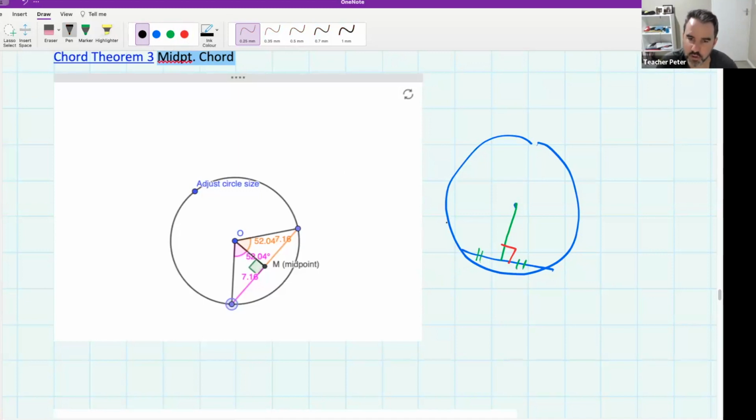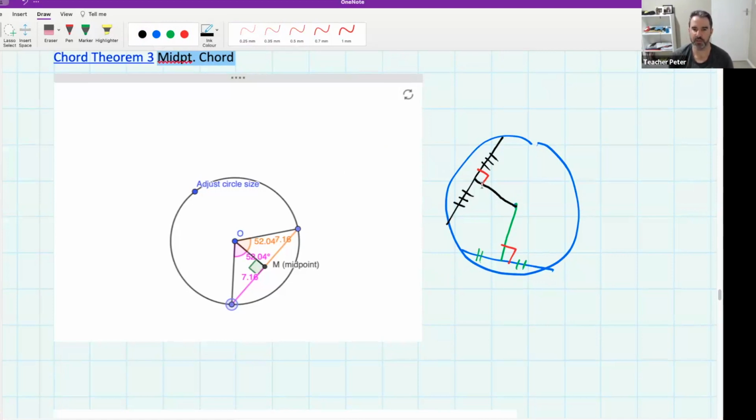So whatever chord you draw, if you draw a line from the center to the midpoint of that chord, that line from the center will always be perpendicular to that chord.